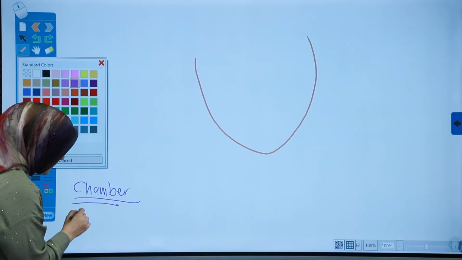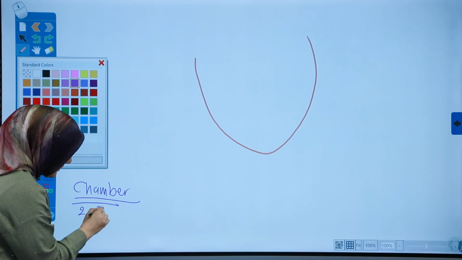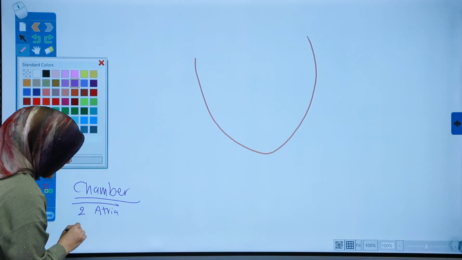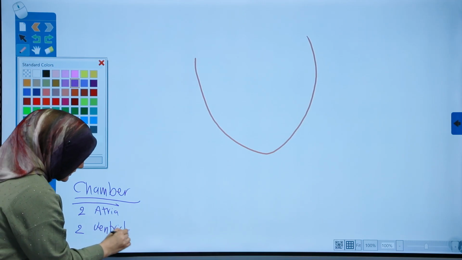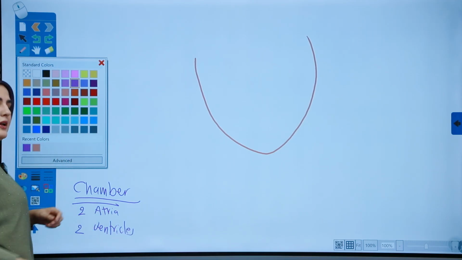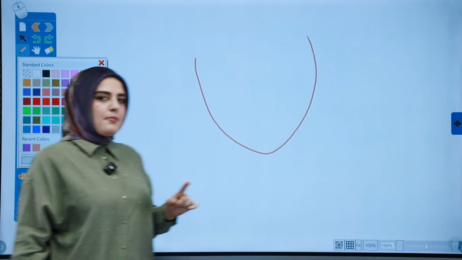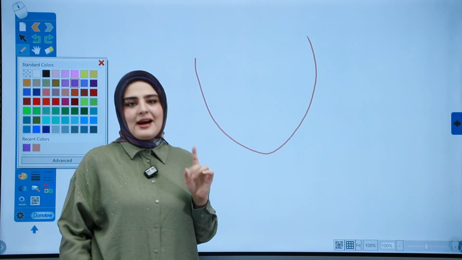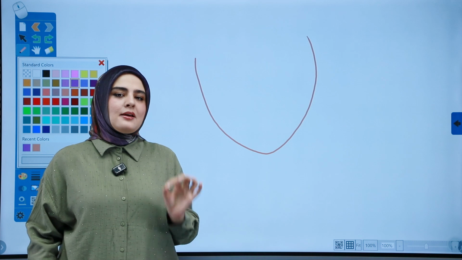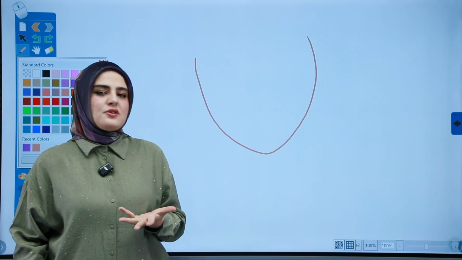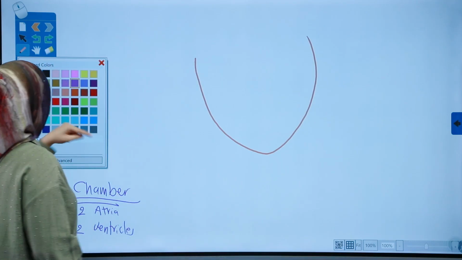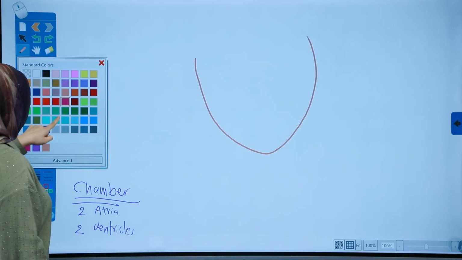We have 2 atria, and 2 ventricles. Remember, atria is plural. If I am mentioning only one of them, I will call it atrium. So singular atrium, plural atria. Okay? We don't add S. We just say atria.